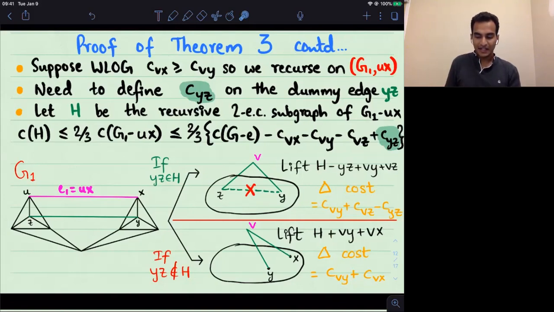If we look at the increase in cost from H to the lift of H, then it is easy to see that in the first case, it is the cost of Vy plus the cost of Vz minus the cost of Yz. Whatever we paid for Yz is reimbursed to us. And in the second case, the increase in cost is the cost of Vy plus the cost of Vx.